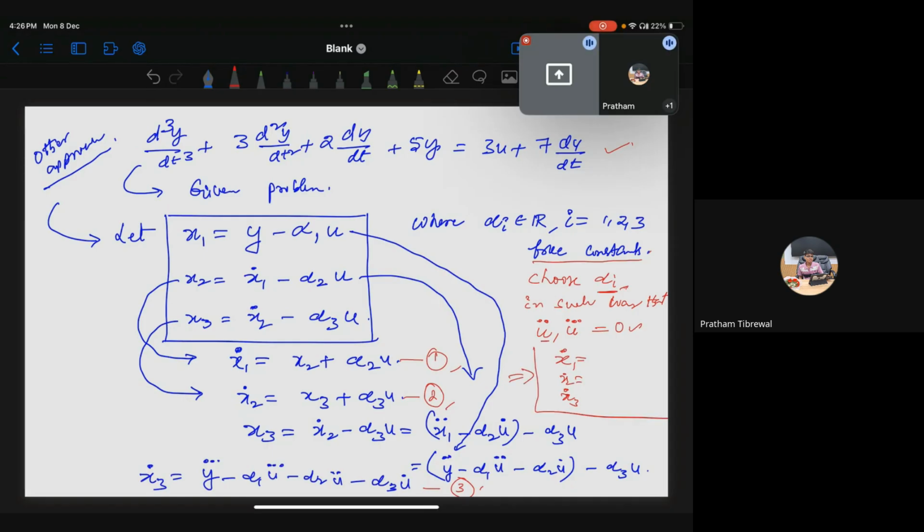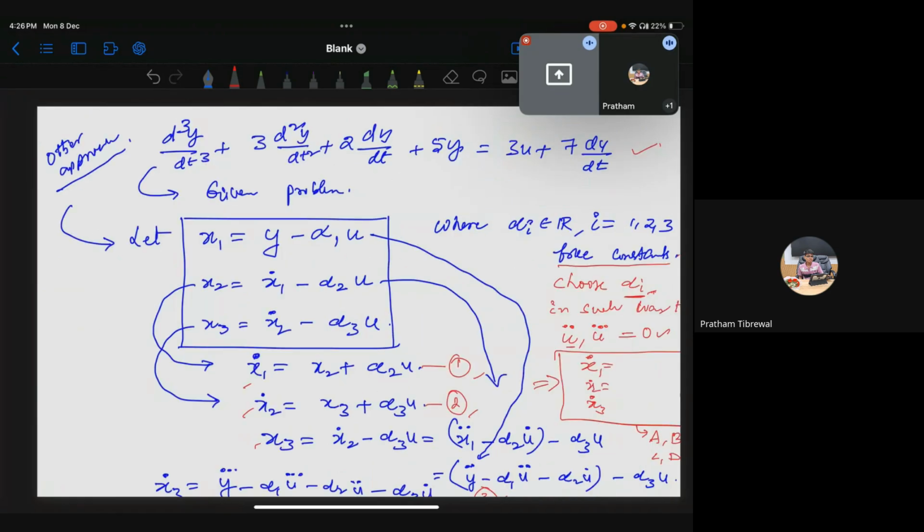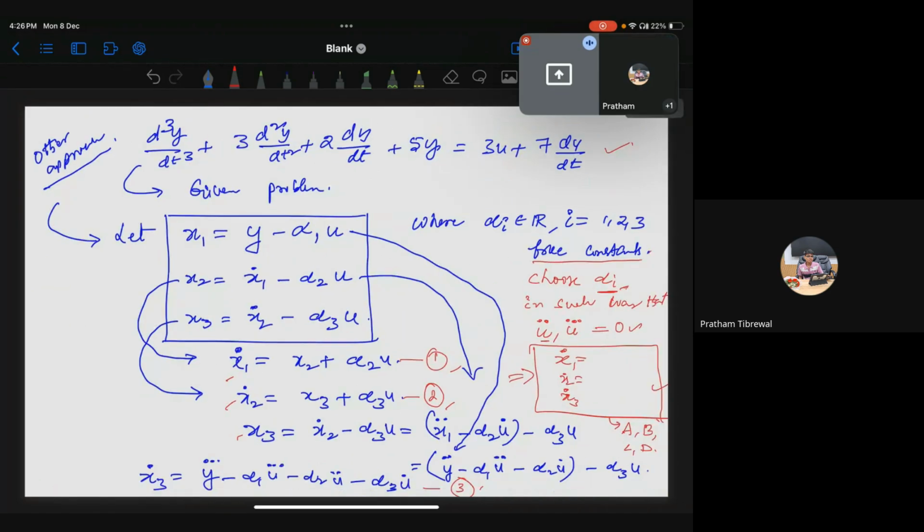So you will get these equations, and from x3 dot you will write your A, B matrices. So that matrix ABC will be the same as this. Try to do this as an exercise.